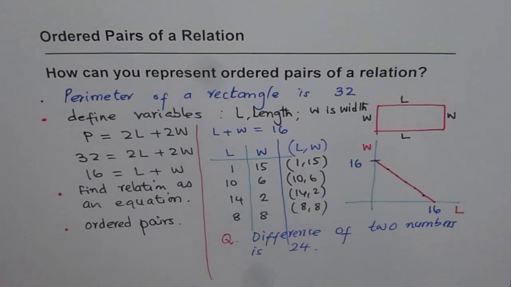But there could be examples like distance traveled with respect to time when a car is moving at a speed of 60 kilometers an hour. In that particular case, time will be the independent variable and distance will be the dependent variable. So at times we do not have a choice. We have to select the right variable as independent and dependent.